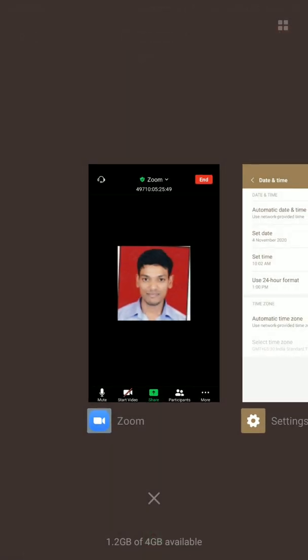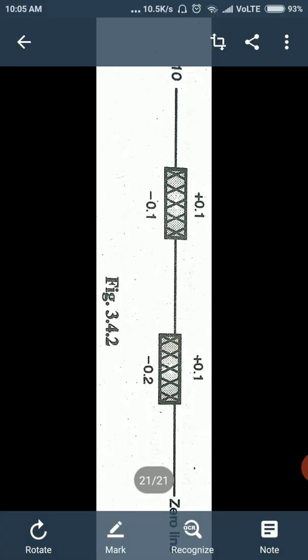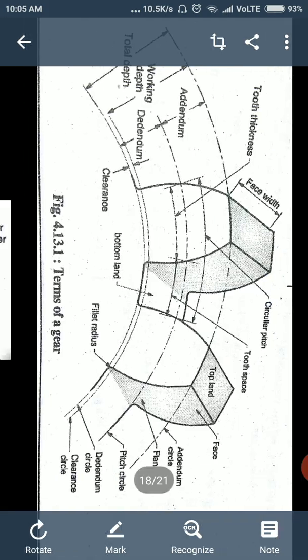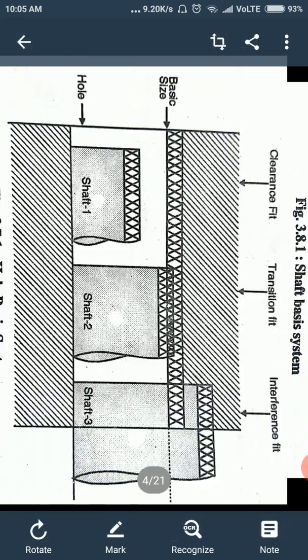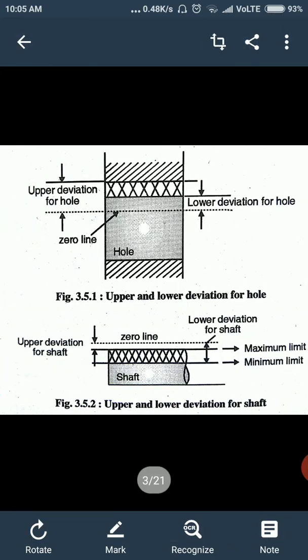After that, the next point is the deviation. So let's see what it actually is.